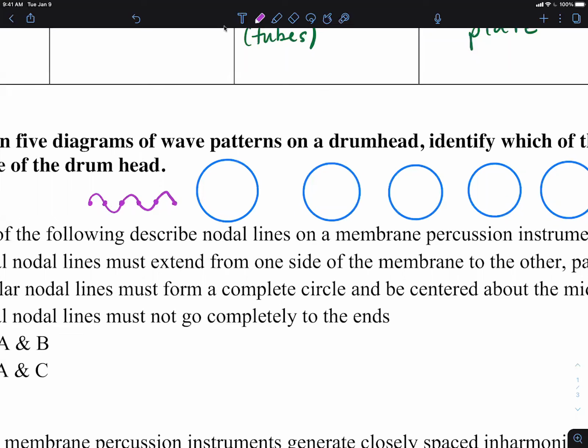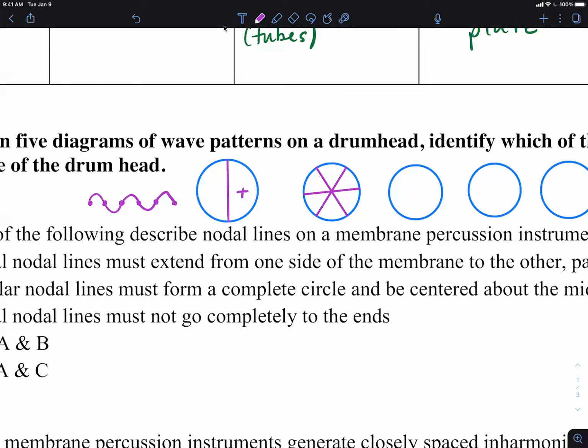So for example, we could have a node line like this, or nodal lines like this. And for those kinds of nodal lines, adjacent sections are out of phase.